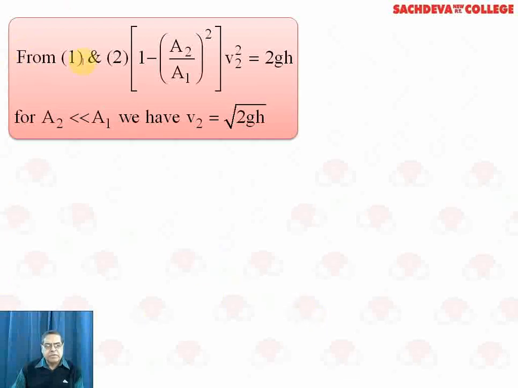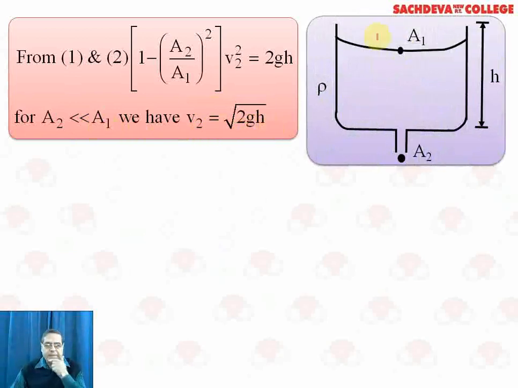From the two equations, we get the mathematical expression [1 − (A2/A1)²]V2² = 2gh. If we take the square root, it becomes √(2gh). For this, the condition is that A2 is very much less than A1. So we have V2 = √(2gh).